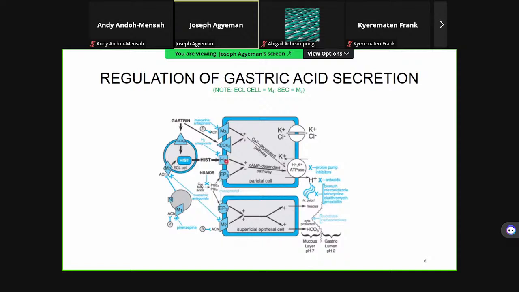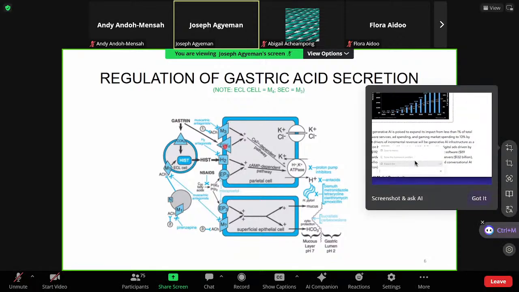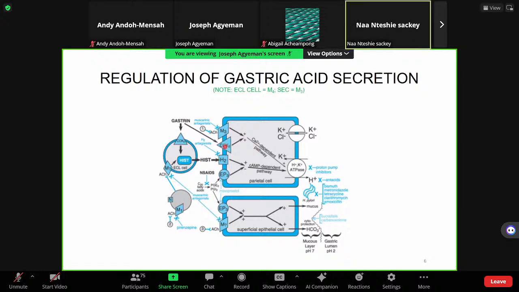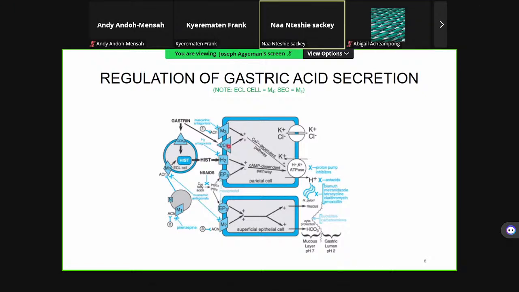Now, the gastrin may also directly attack its receptor on the parietal cells. And if this happens, this is a G protein coupled receptor. So several chemical inputs will occur, and one of those processes will lead to the production of protein kinase C. As you already know, when protein kinase C is produced, then you are producing inositol triphosphate and diacylglycerol.